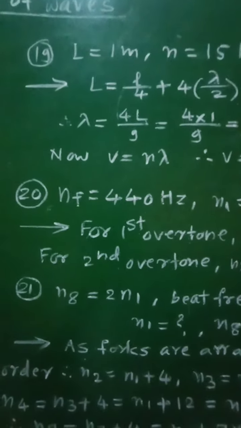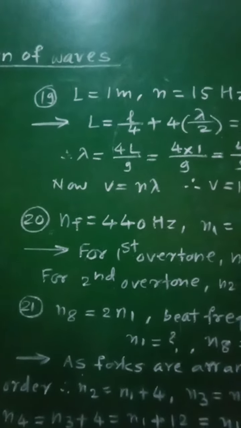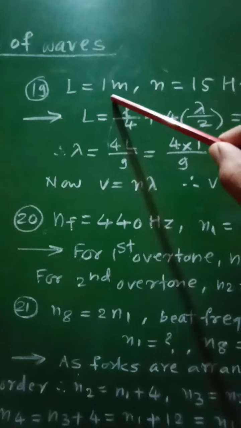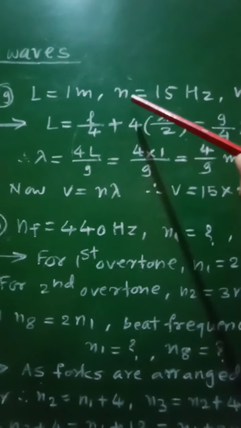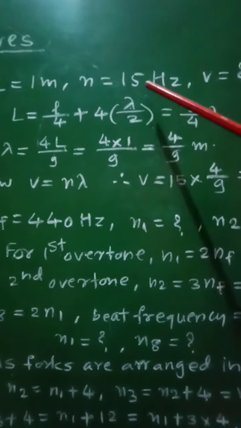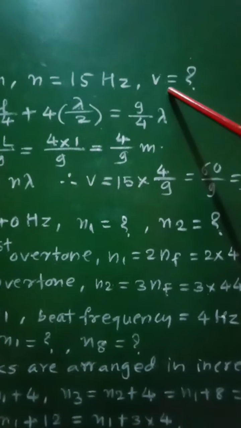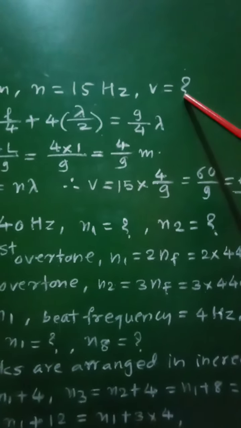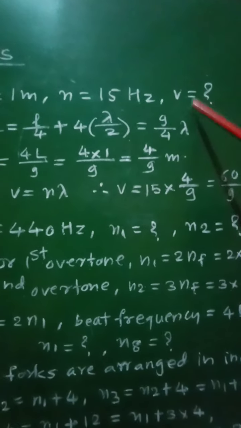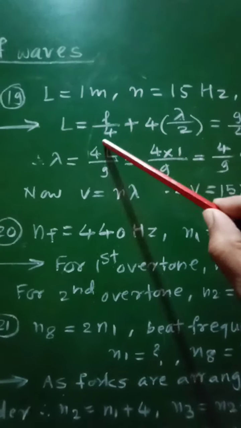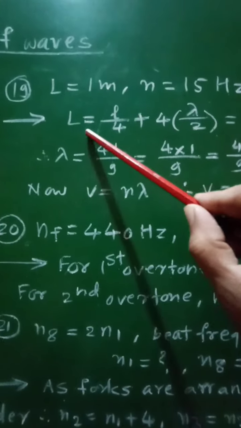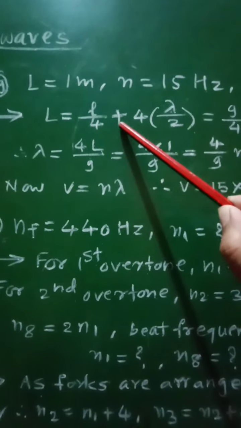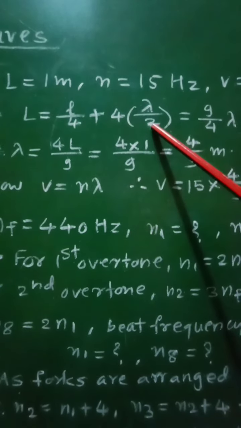Therefore, in numerical number 19 the given data is: length of the string L is equal to 1 meter, frequency n is equal to 15 Hertz, and we have to find the velocity v of that progressive wave. Now in this case, as per the given data, we can write total length L equal to lambda by 4 plus 4 into lambda by 2.